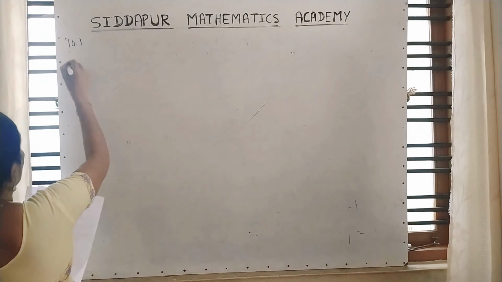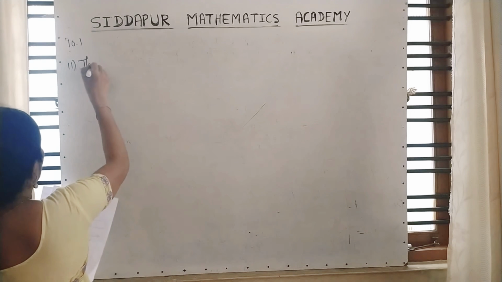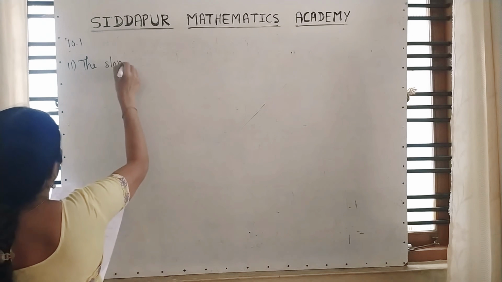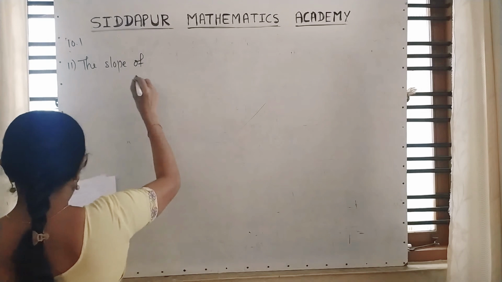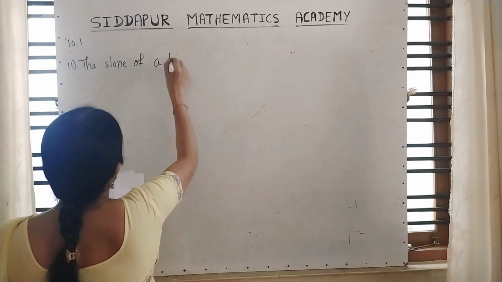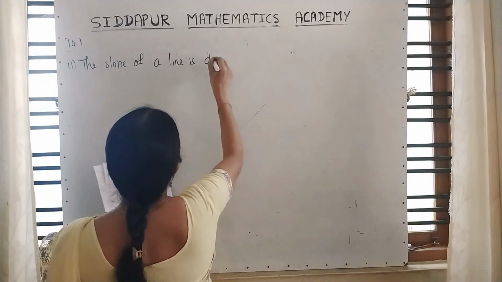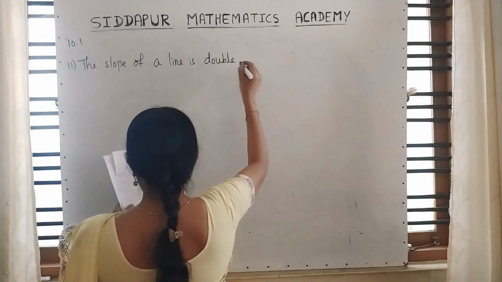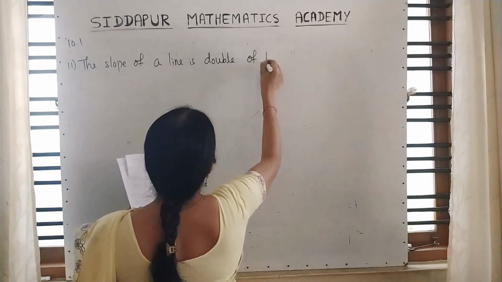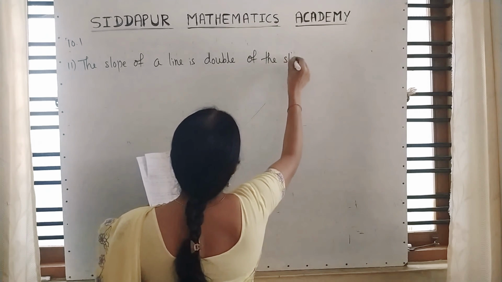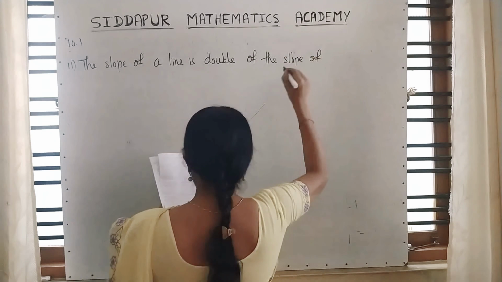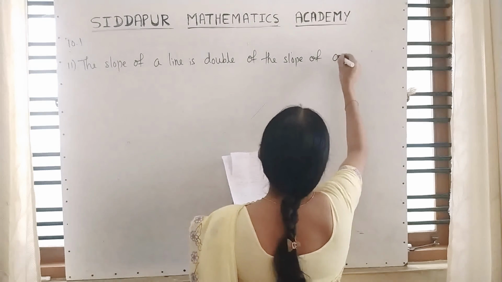Question number 11. The slope of a line is double the slope of another line.